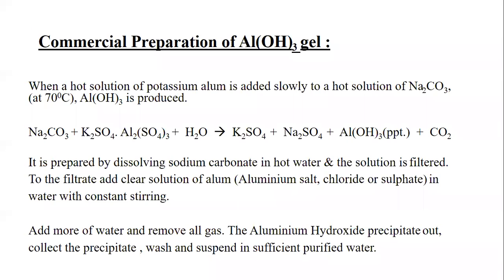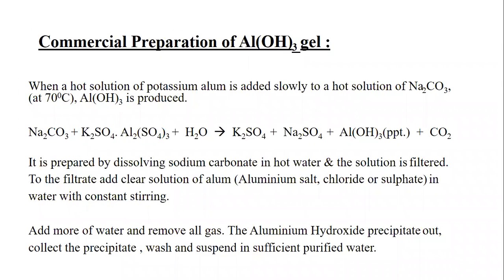So once this is done, to the filtrate, you're going to add clear solution of alum, that is your aluminium salt, chloride or sulfate, with constant stirring. Once you add that, you're going to add more water and remove all the gas. We saw the byproduct, right? Carbon dioxide is being released. So to remove all the gas, you will keep on adding more water.